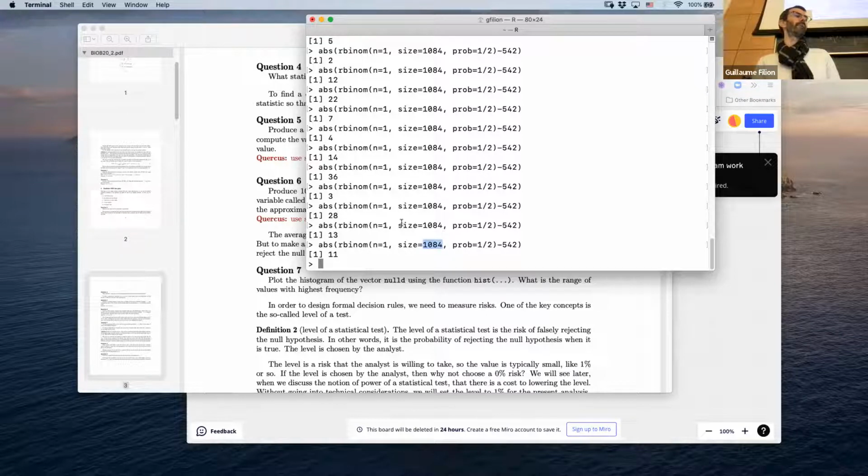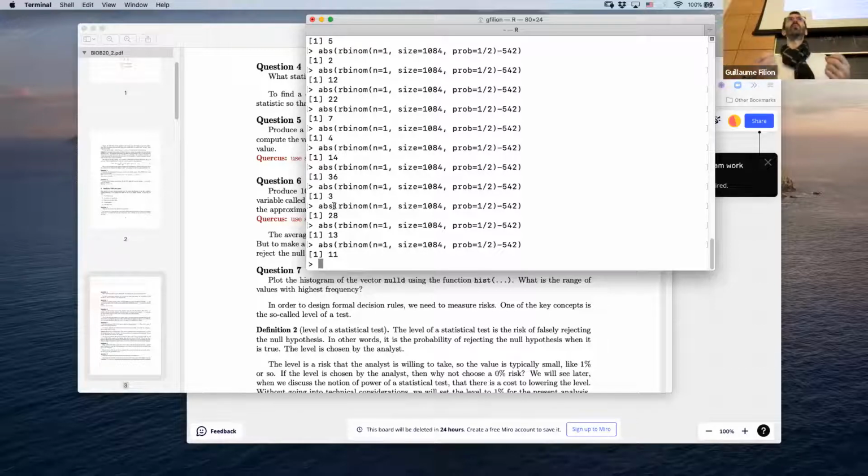So we got an overview of the numbers that we get. You can see that they're much closer to 0. They're of course always positive, because we're computing an absolute value. These are examples now. We're not drawing from the sample anymore, we're drawing from the statistic.